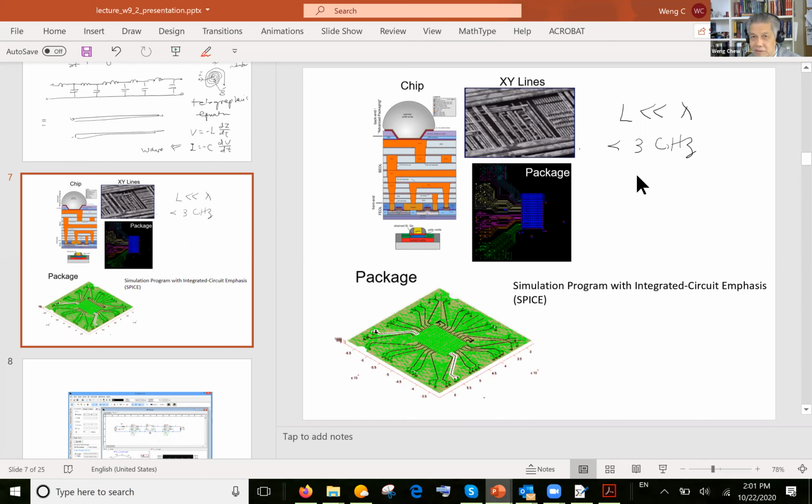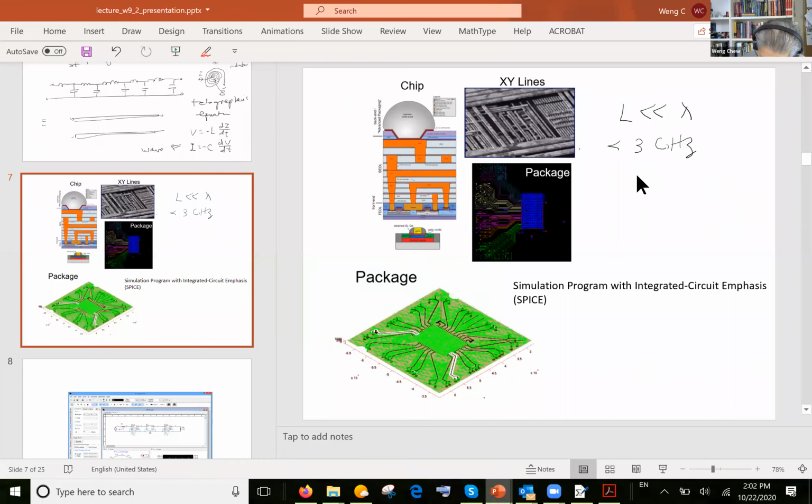Yeah, about 10 centimeters. So all these structures are much smaller than the wavelengths, and hence you can use circuit theory to describe whatever you have in there.